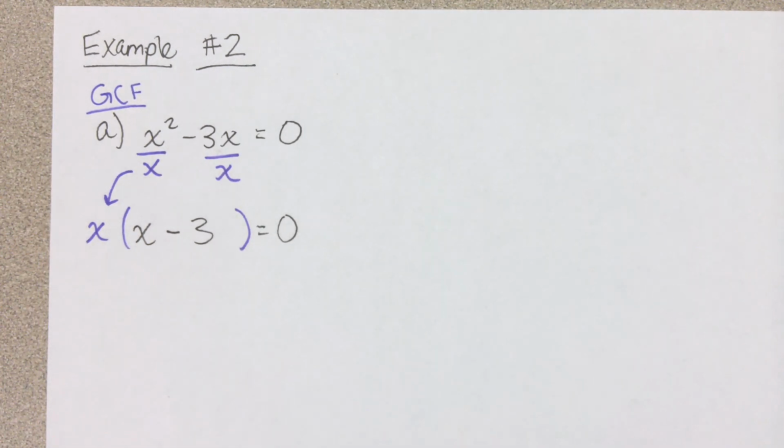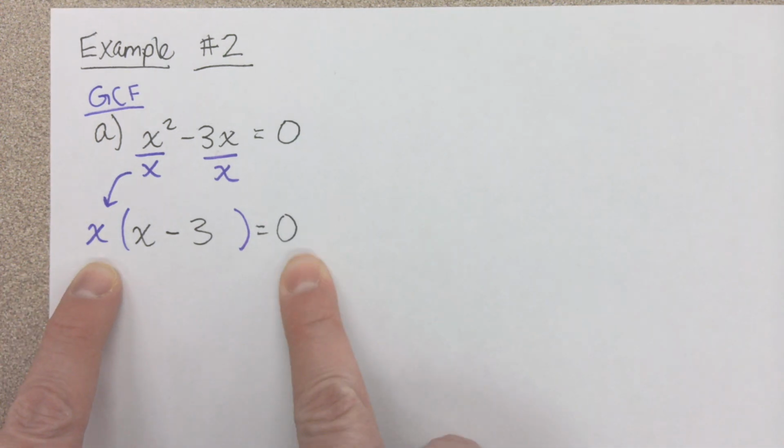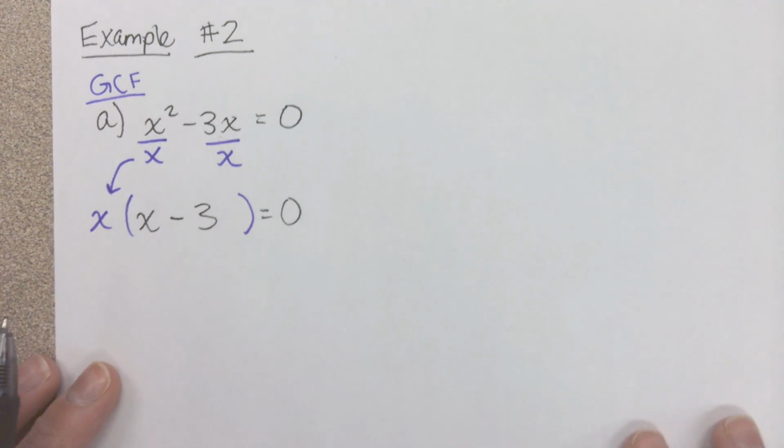How do I solve from here? What's the procedure? Not a guess? Okay. Split and solve. You make two separate equations. X equals 0, x minus 3 equals 0.